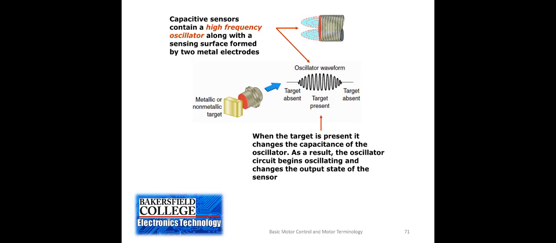It actually makes a much better capacitance, and the oscillator will oscillate. It will make its waves of electrical energy. So the detector circuit in a capacitive type proximity detector looks for oscillation. When the oscillation is sufficient, then it registers that as an object being in proximity to the detector.